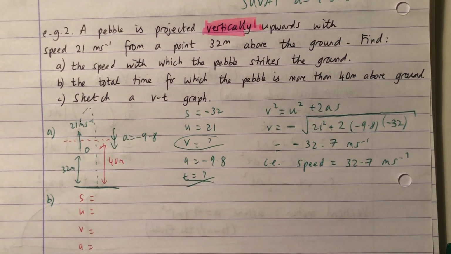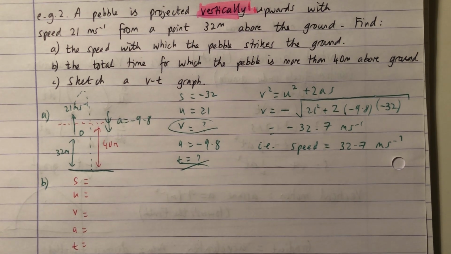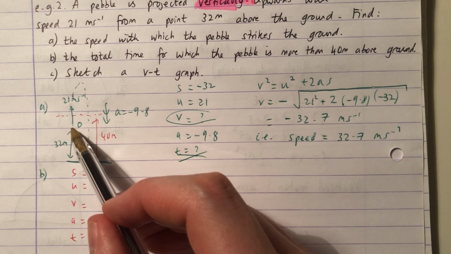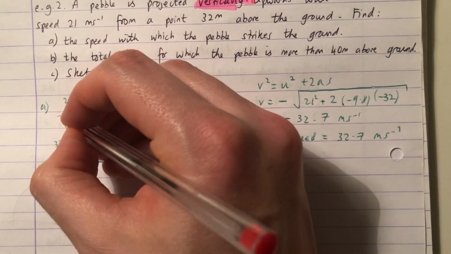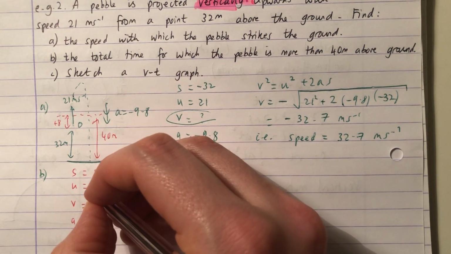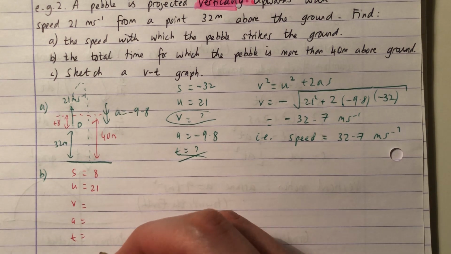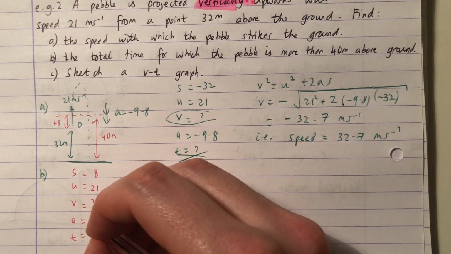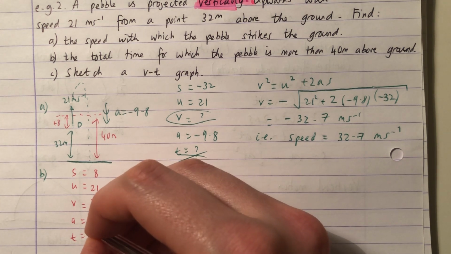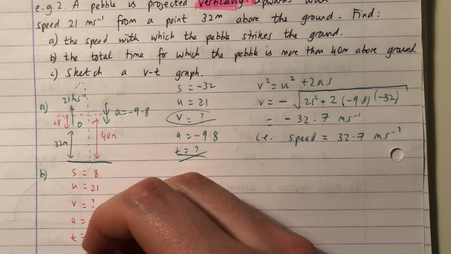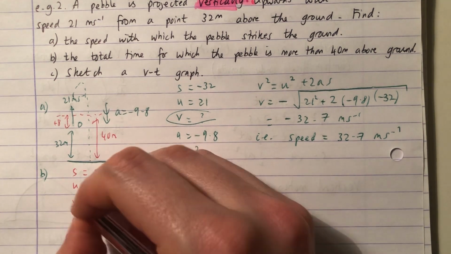However, displacement S is relative to the starting point, and relative to the starting point, the displacement is a positive 8. So S is 8. Initial velocity is still 21. Final is unknown. Acceleration is still negative 9.8, and the time is the thing we want to work out.